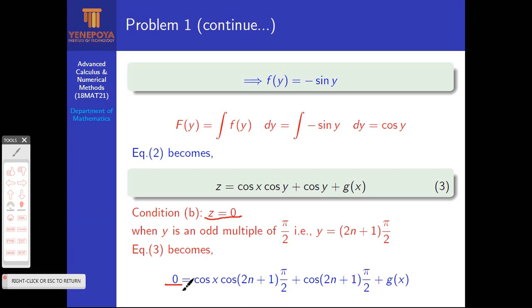So the third equation, z = 0, equals cos x as it is, substituting the value of y, that is (2n+1) π/2, so cos((2n+1)π/2), similarly plus cos((2n+1)π/2), plus g(x). The value of cos((2n+1)π/2) is 0. Similarly here also cos((2n+1)π/2) is 0.